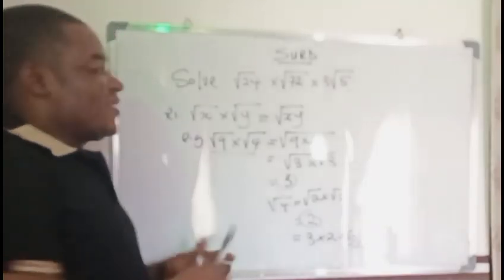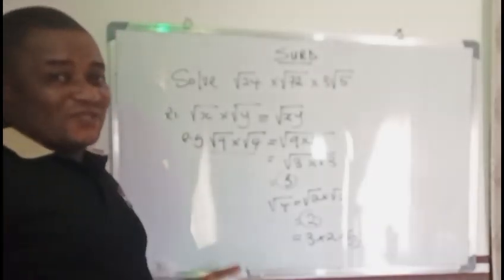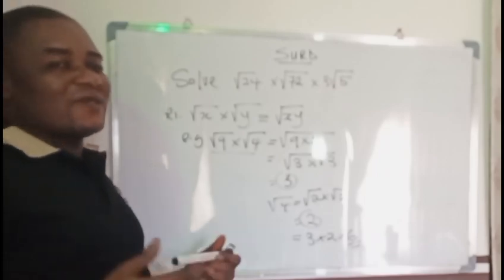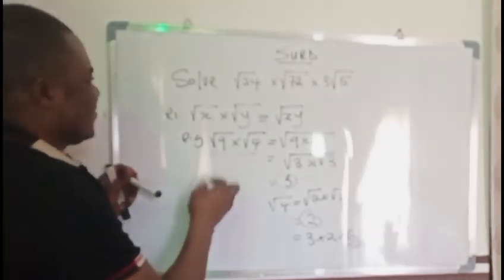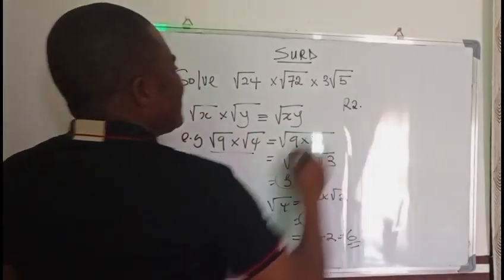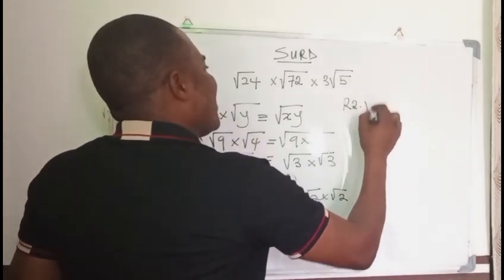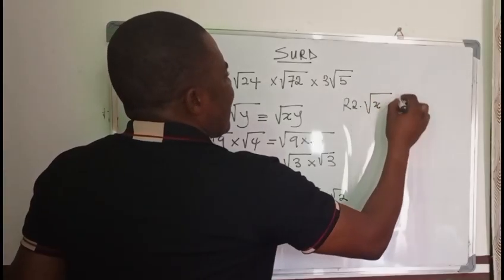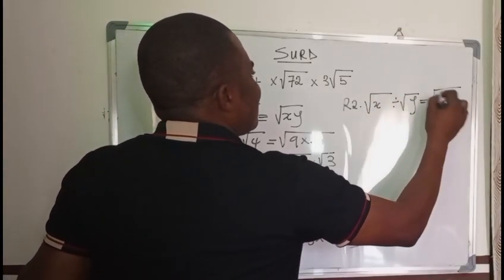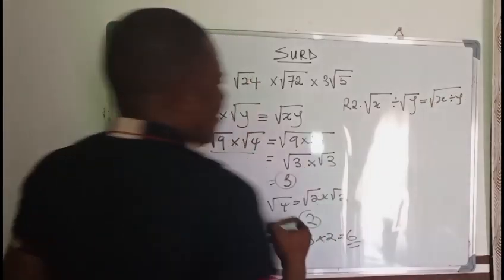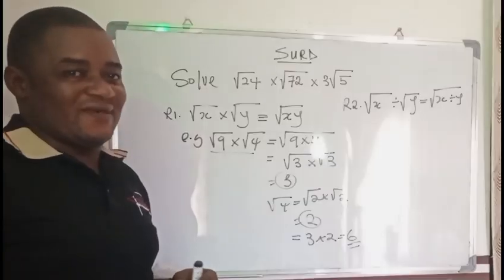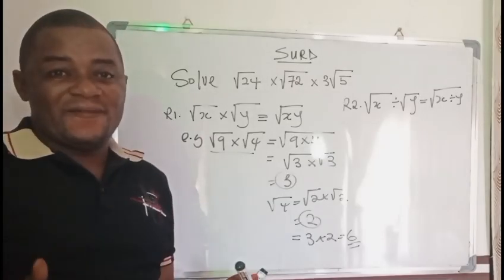Okay, now if we understand what the first rule of surds explains, then we can also look at another rule of surds, which is the quotient rule. If you look at the quotient rule, it simply says where you have √x divided by √y, it is the same thing as saying √(x/y). That is the second rule, the quotient rule for surds.